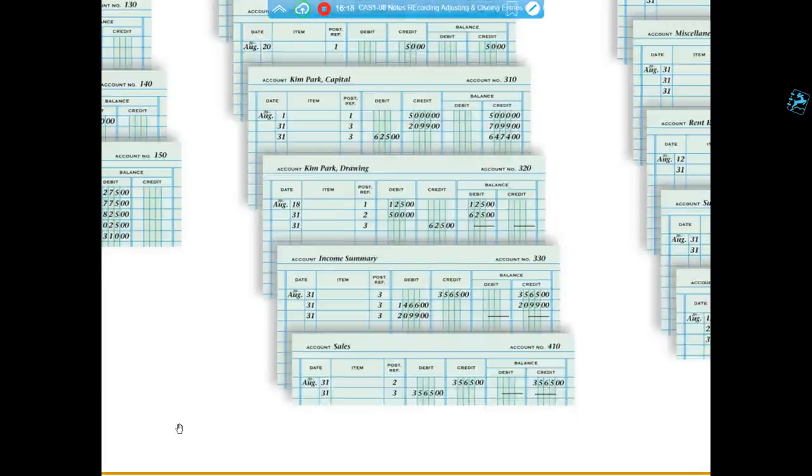However, if we look down here, my Kim Park capital account, we just closed that drawing. We rolled it. If we look at my capital account, what do I see in my capital account here? I see where I have my beginning capital of $5,000. I have my net profit.